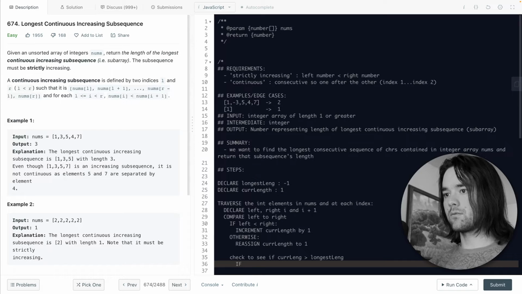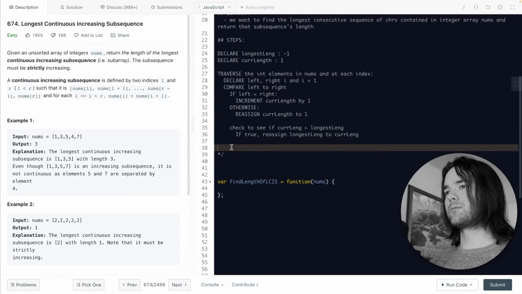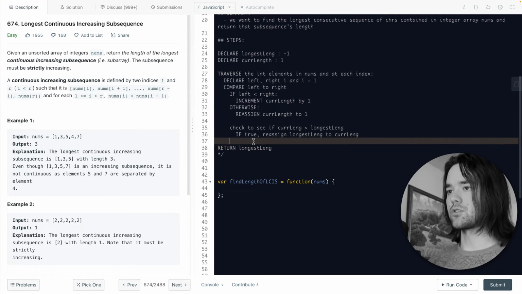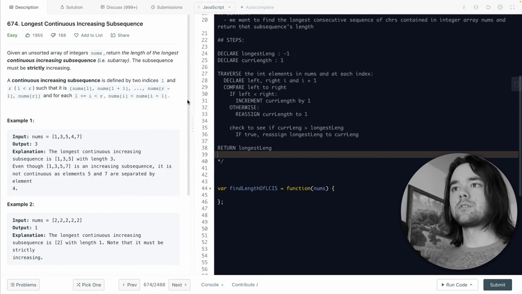So if true, reassign longest length to current length. Okay, so I have sort of an algorithm. It kind of looks like an algorithm anyway, but before we finish, we need to remember to return longest length out of our function.